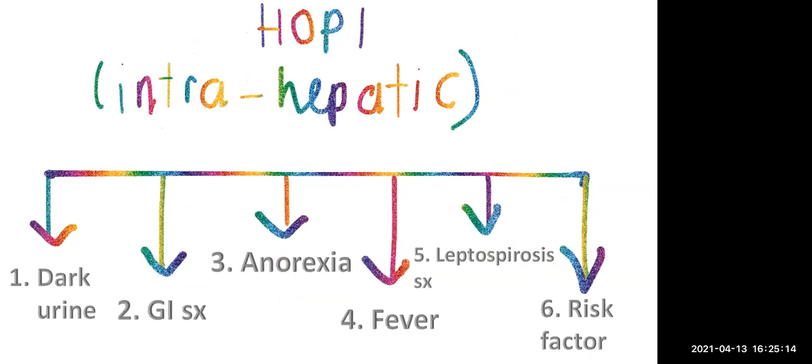So for the intrahepatic cause, you can ask about any dark urine, any gastrointestinal symptoms, for example, abdominal pain, vomiting, any diarrhea, and also anorexia. We ask because anorexia can be a feature of hepatitis, and we can also consider any metabolic liver disease.